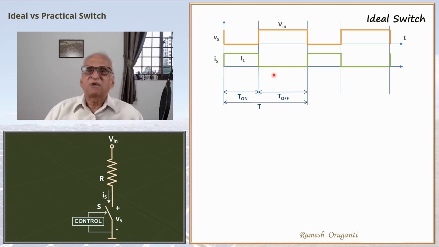So again, the power loss during the off interval is again 0. So because of that, I can plot the power loss curve Ps as shown, which is 0 throughout. During the transition with a resistive load, the transition happens instantaneously, so the power loss will be 0.